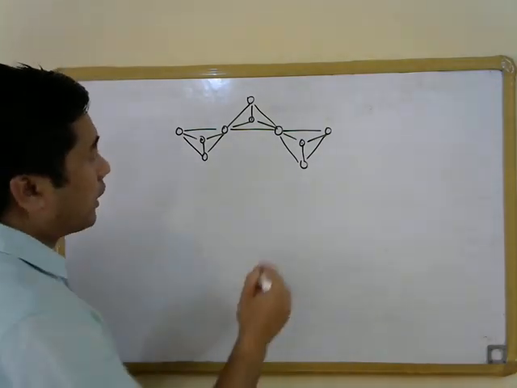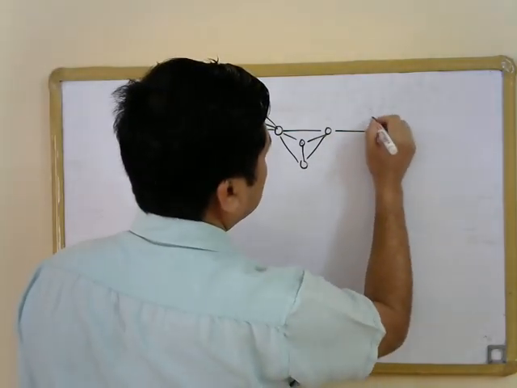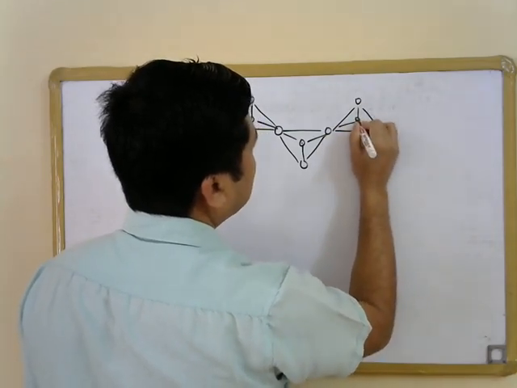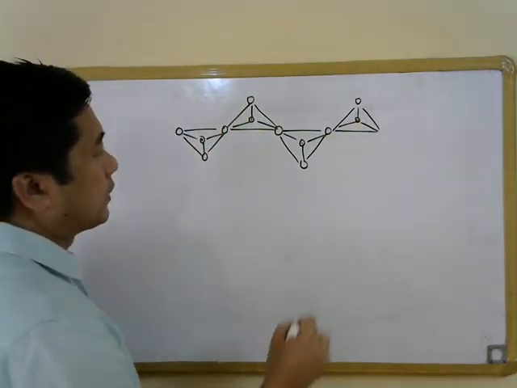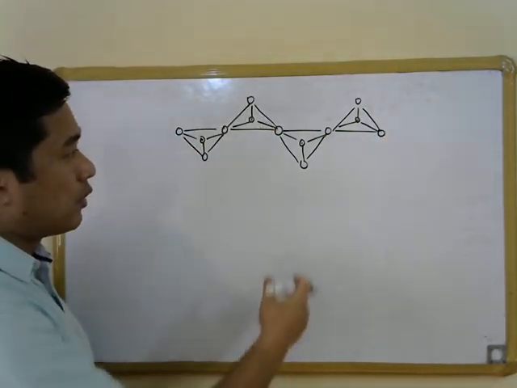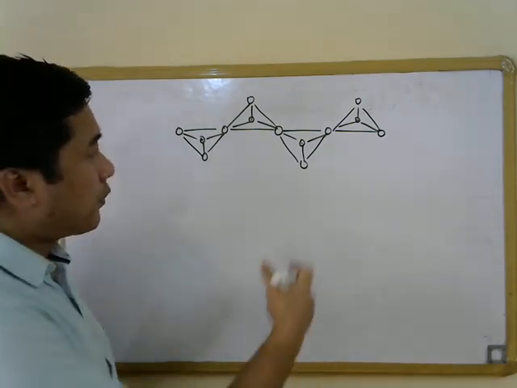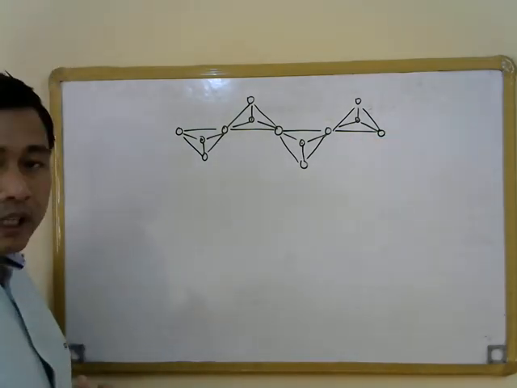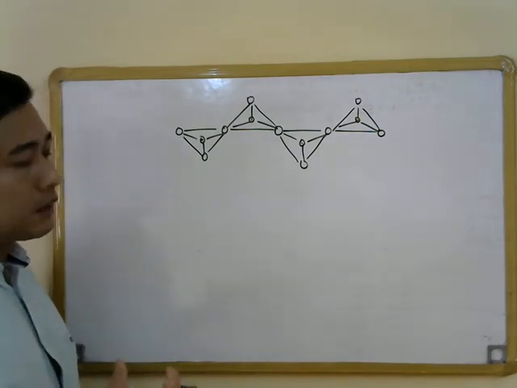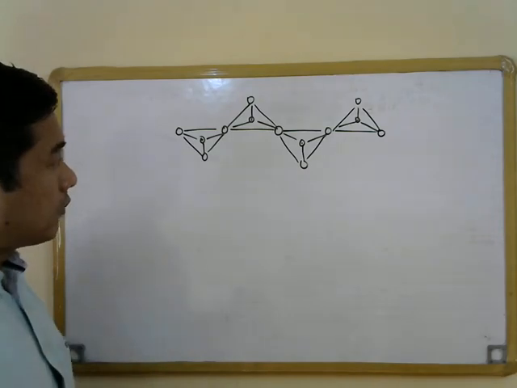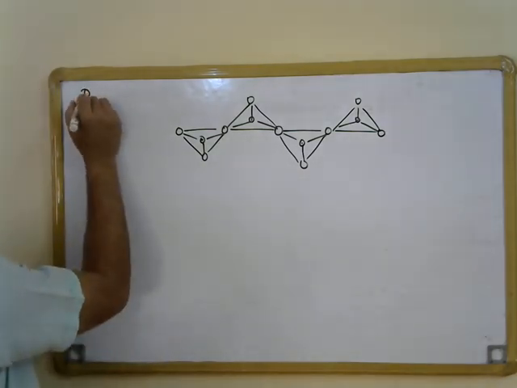Here we are drawing a chain silicate where the repeating unit appears after every two SiO4 units. So this is a simple chain silicate, and this is going to form an infinite polymeric chain structure in this way. Now what can happen is that two such chain silicates can join together, and that is going to form double chain silicates.